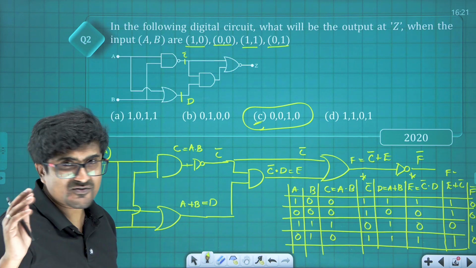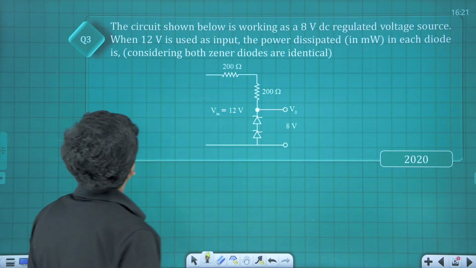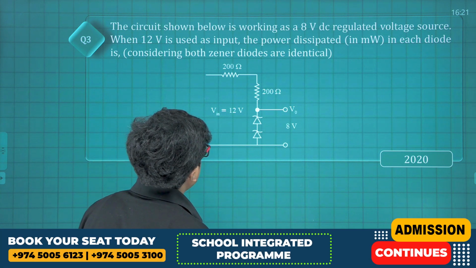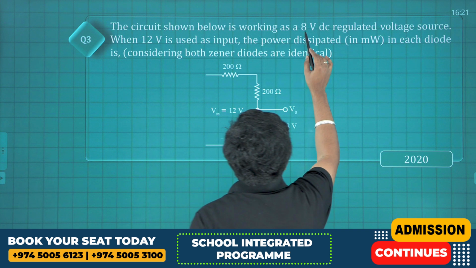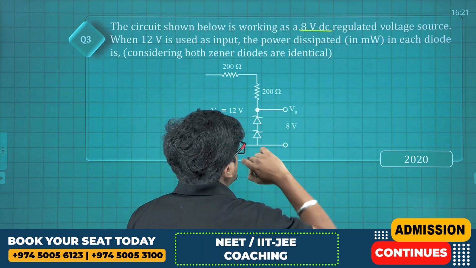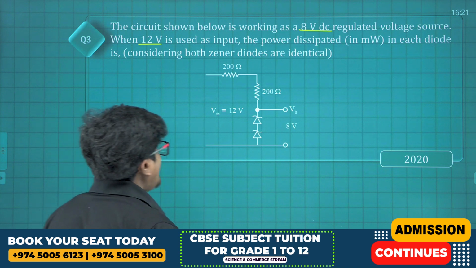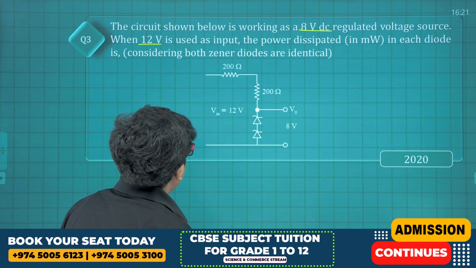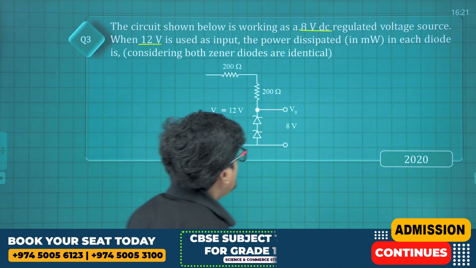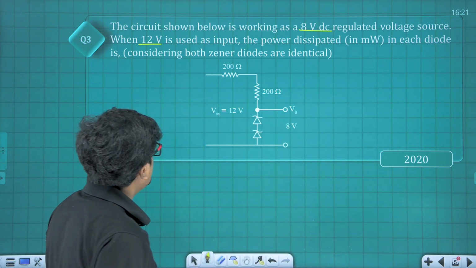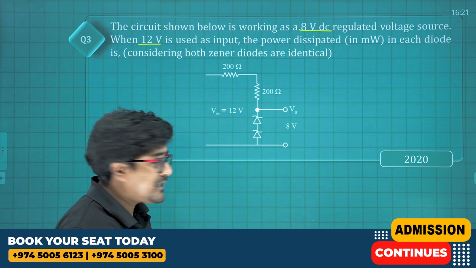Now let's move to the next, that is question number 3. The circuit shown in the figure below is working as an 8 volt DC regulated voltage source when 12 volt is used as an input. The power dissipated in milliwatt in each diode is, considering both Zener diodes are identical.